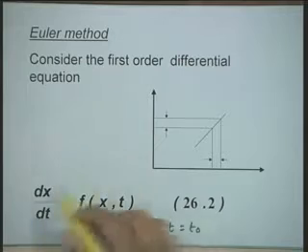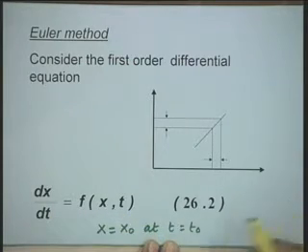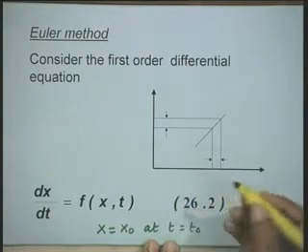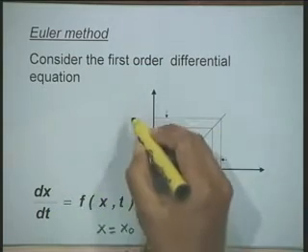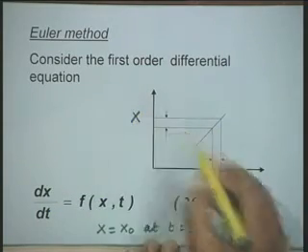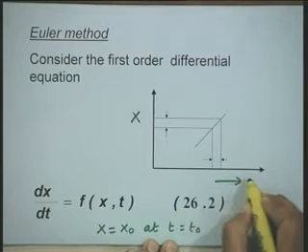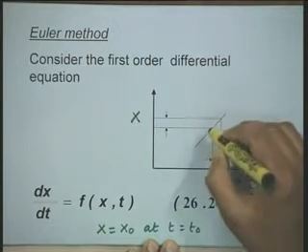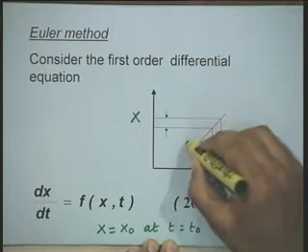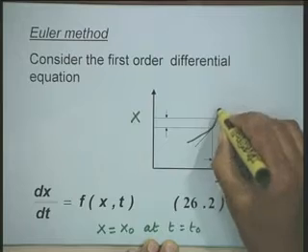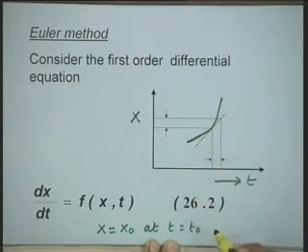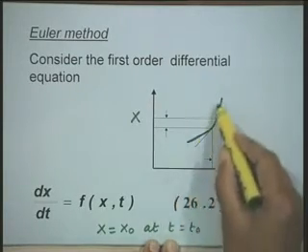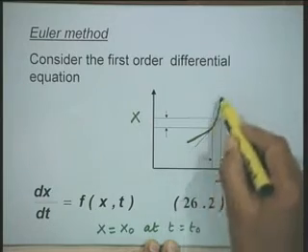Now, to understand how we obtain the solution of this, let us assume that the solution for x as a function of time is known to us. I will say that this is the exact solution of this, that is, x varies as a function of time in this very nonlinear way.